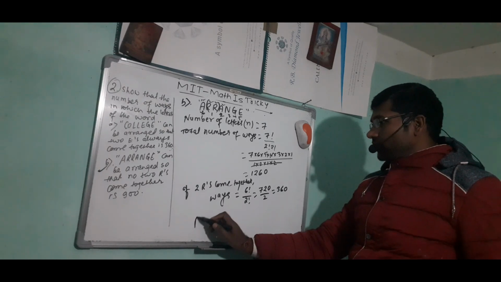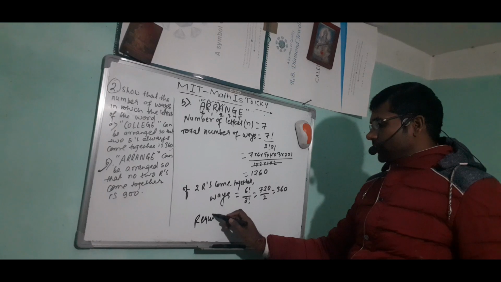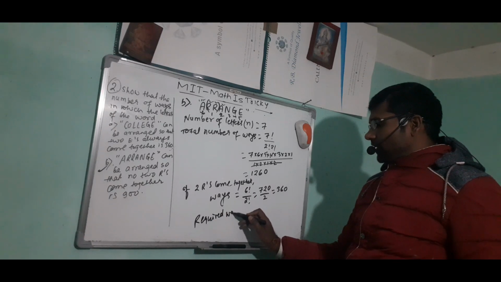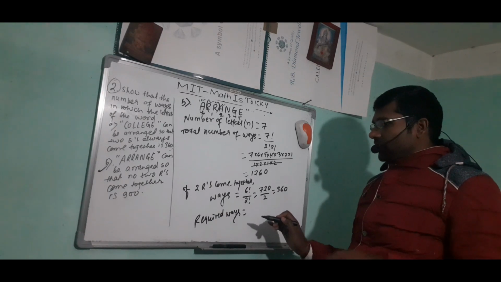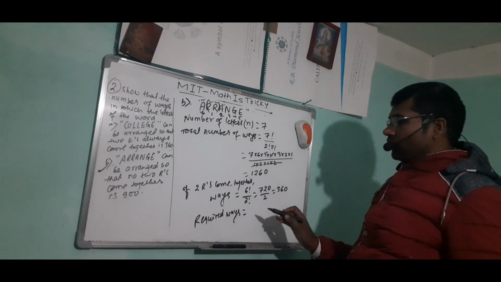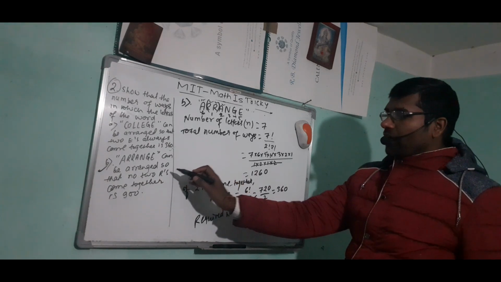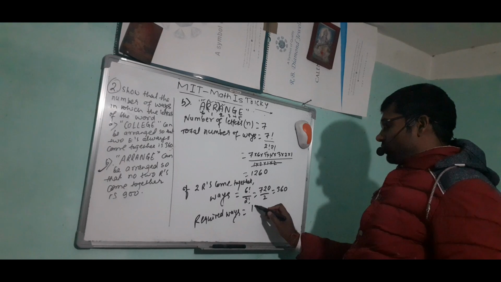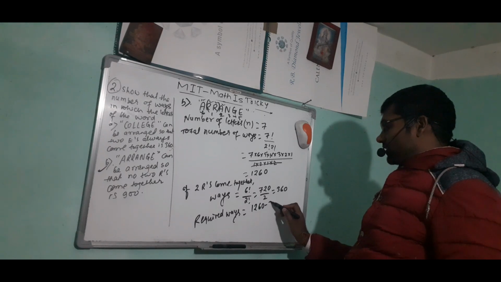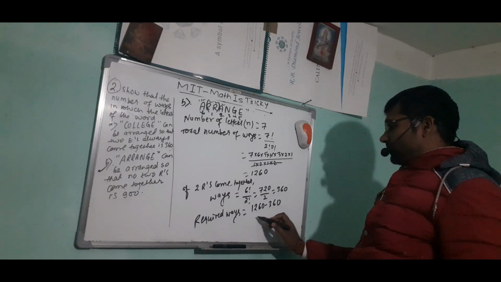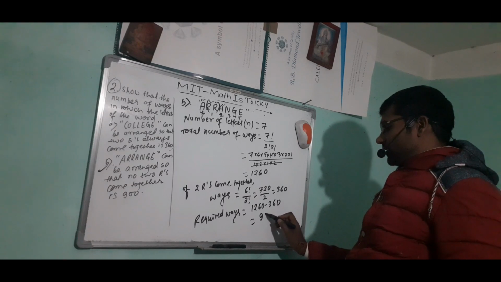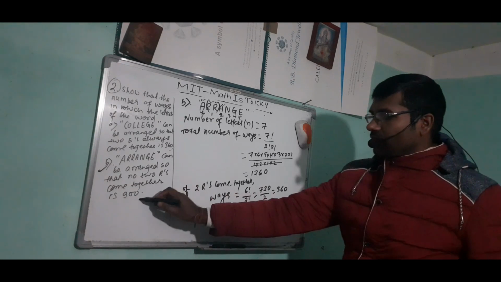So the total number of ways in which not two R's will be together will be 1260 minus 360 and it gives here 900. That is what we have to do.